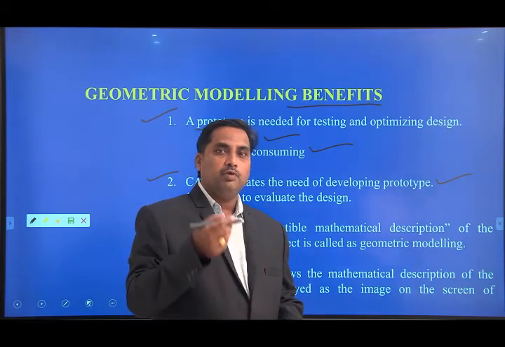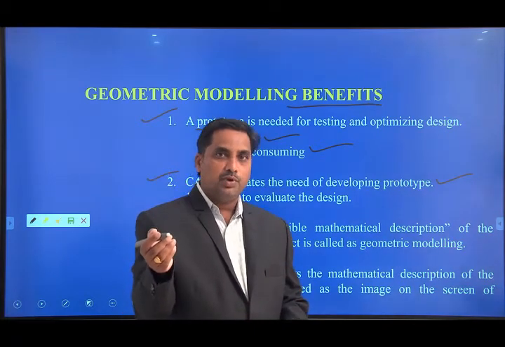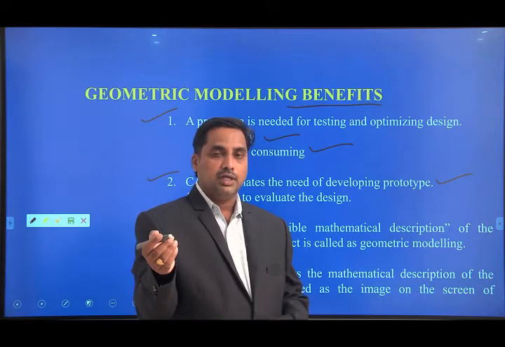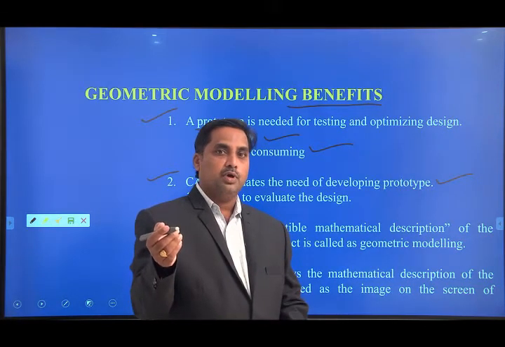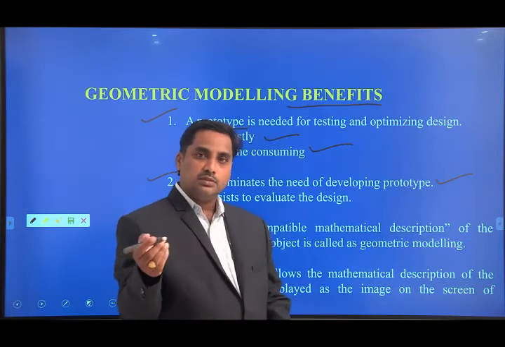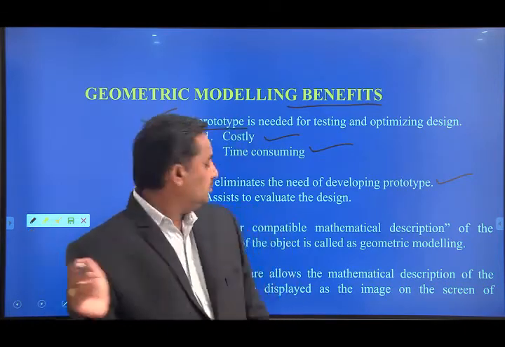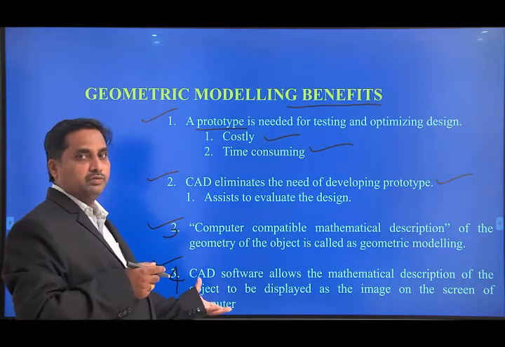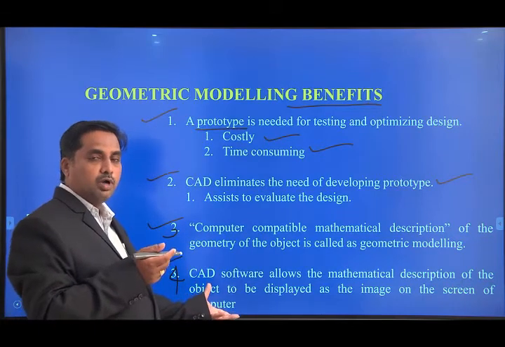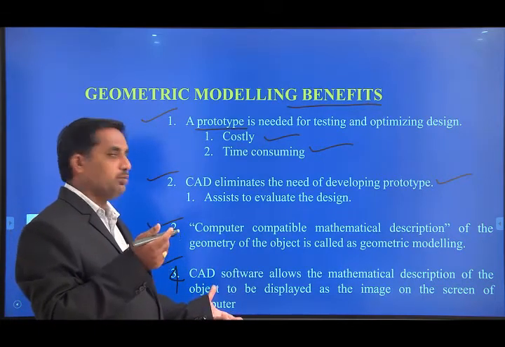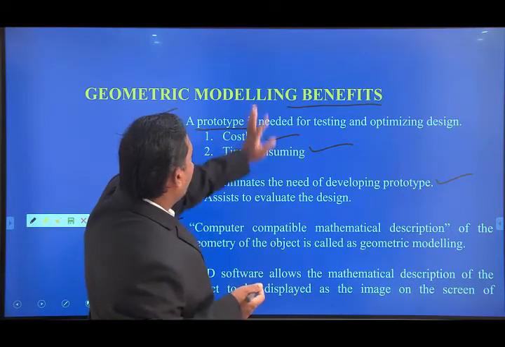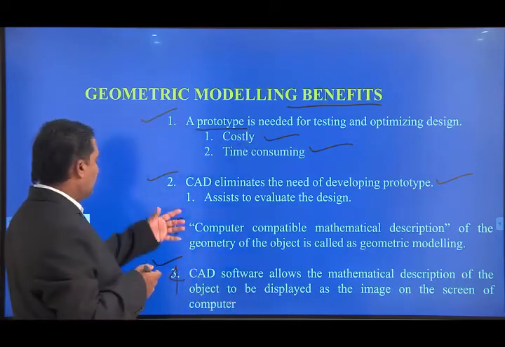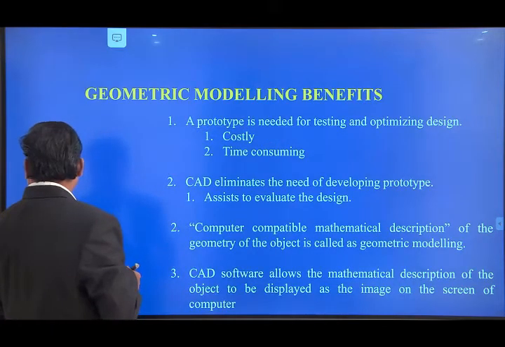Screens are nothing but display terminals. So we can easily visualize what we are modeling and what analysis we are doing on that component. These are also benefits of geometric modeling. Next we can move on.